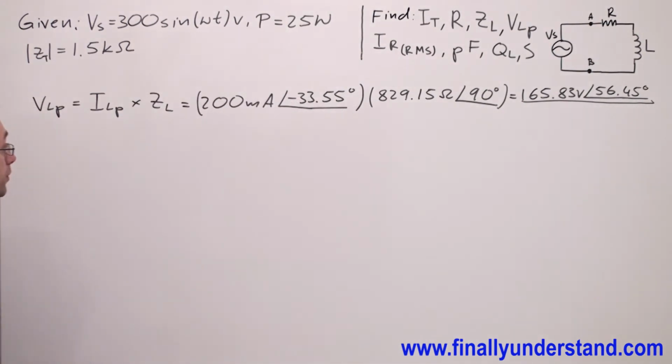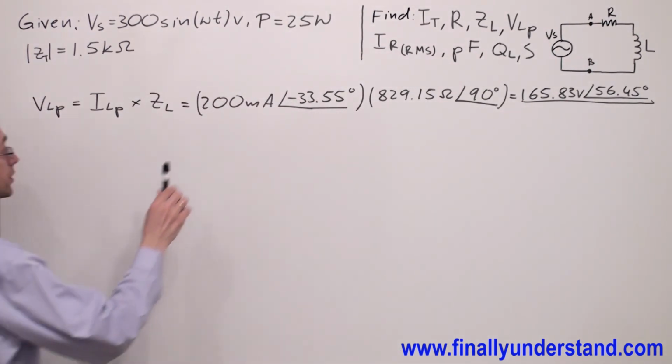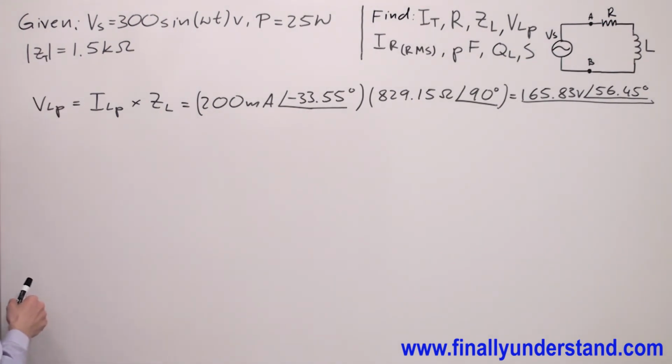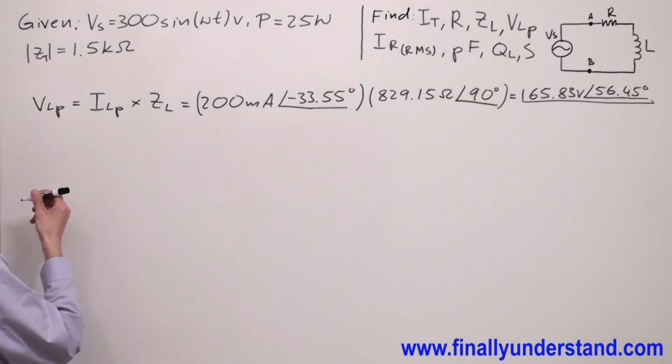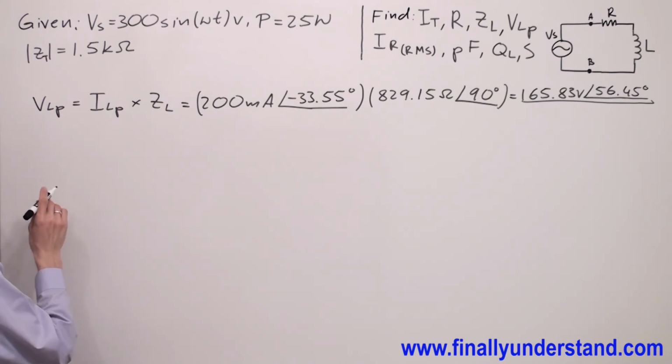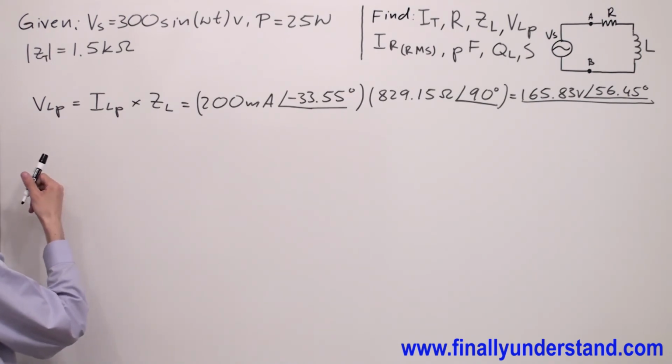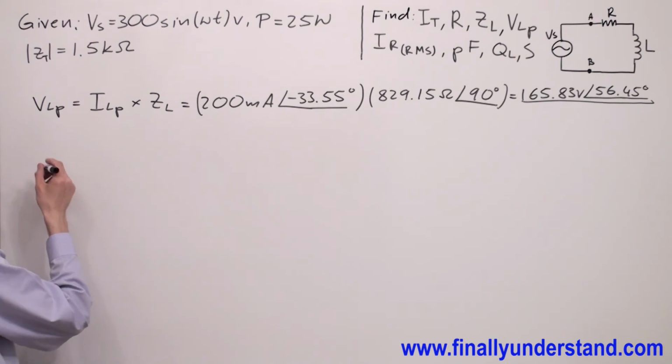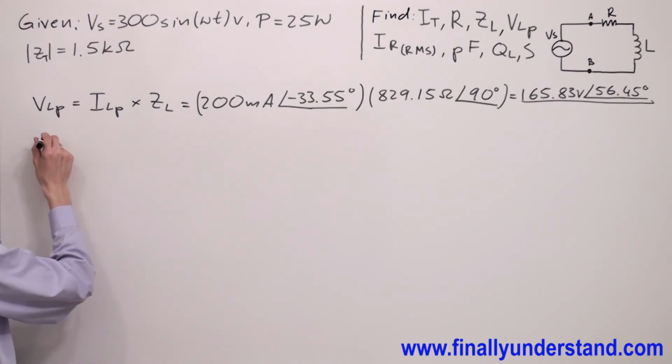Next, we're supposed to find the RMS current which goes through the resistor. We found current peak which goes through the resistor. We're supposed to convert peak value of my current to RMS. Remember the formula?